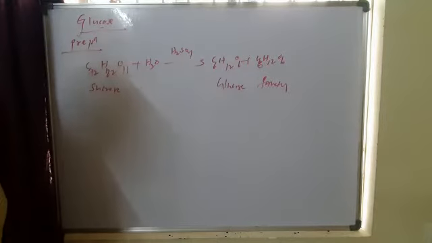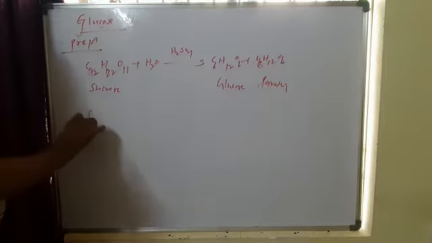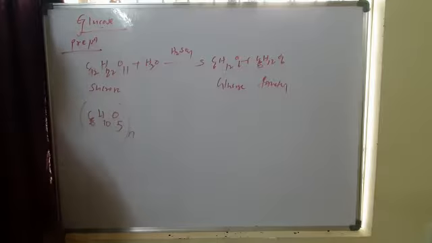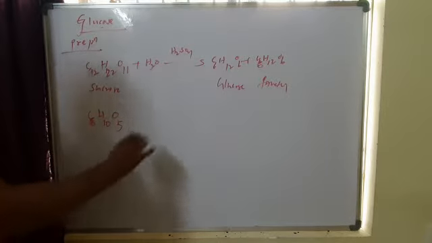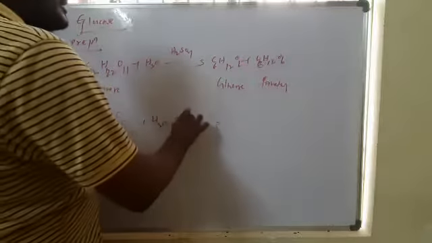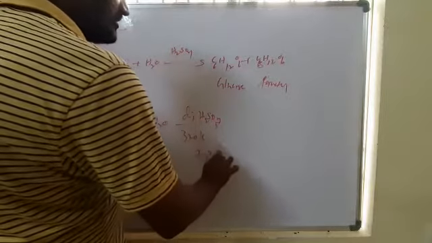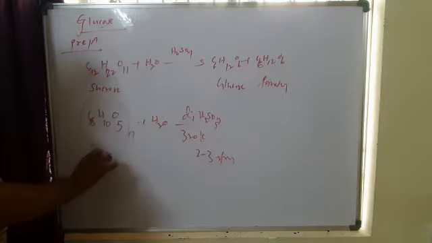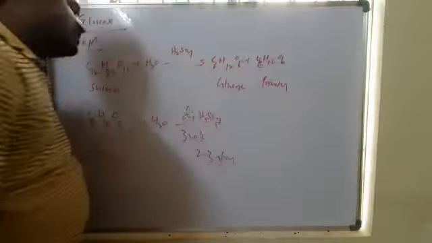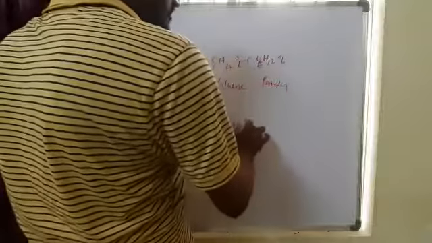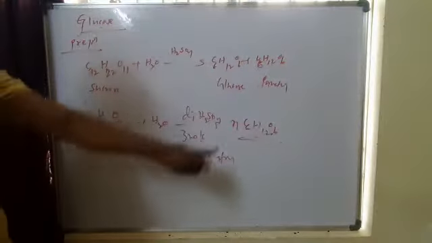Also, by using starch we can prepare glucose. Starch, (C6H10O5)n, on hydrolysis with dilute H2SO4 at 320 Kelvin and 2 to 3 atmospheric pressure, and upon strong heating, gives glucose units, n times C6H12O6.